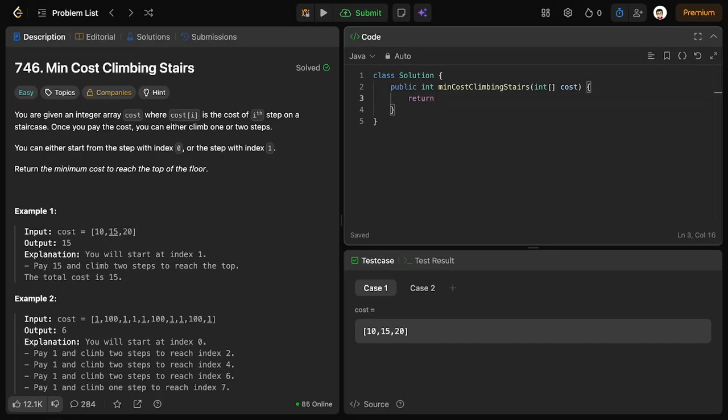I'm just going to return math.min of solve(0, cost) and solve(1, cost). This is the decision that I'm going to be making. Then my function would look somewhat like solve(int i, int[] cost).